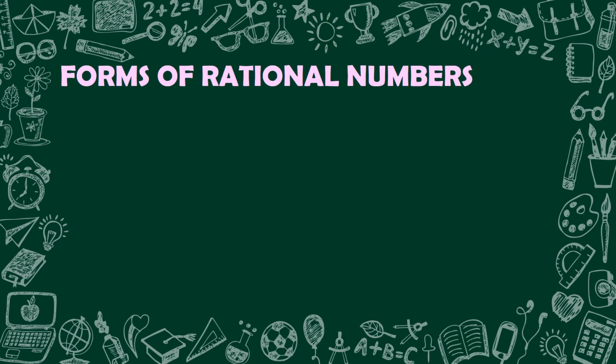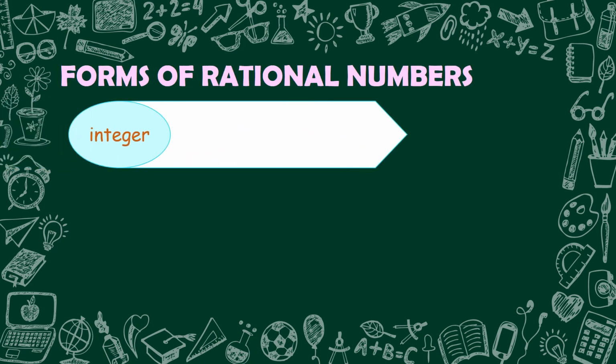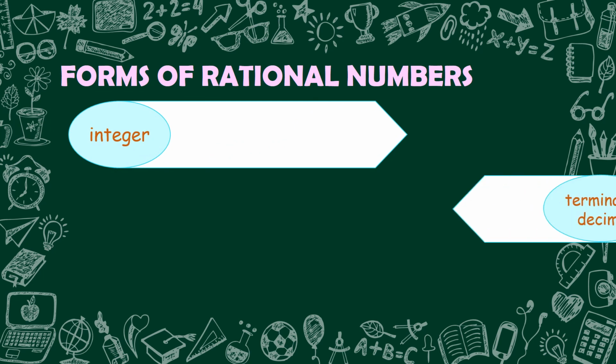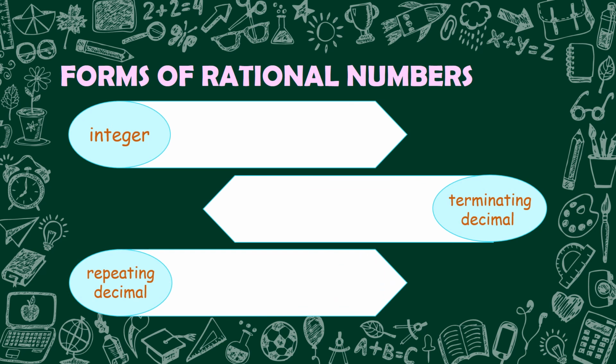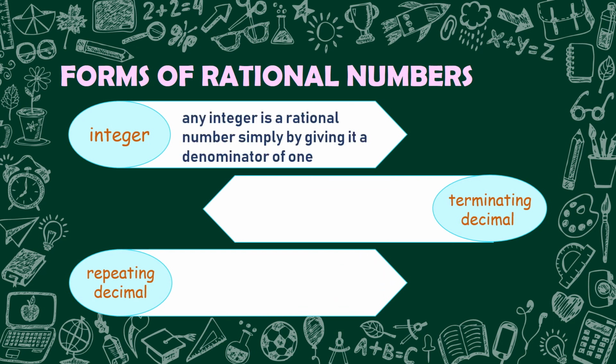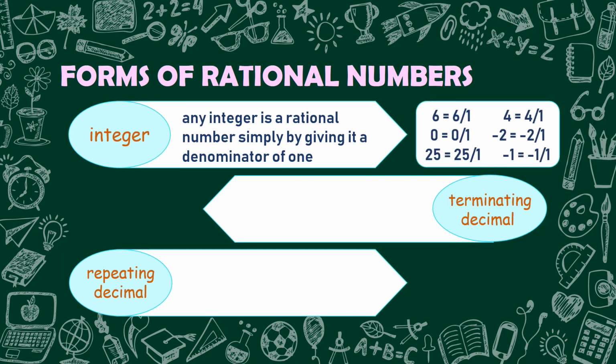Forms of rational numbers. We have the integer, terminating decimal, and repeating decimal. So any integer is a rational number simply by giving it a denominator of 1. Here's our example.